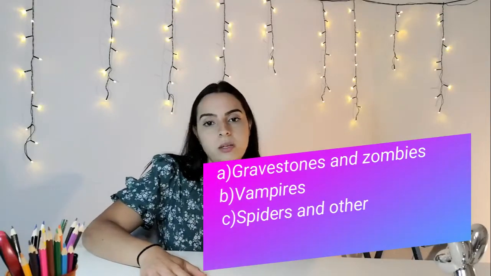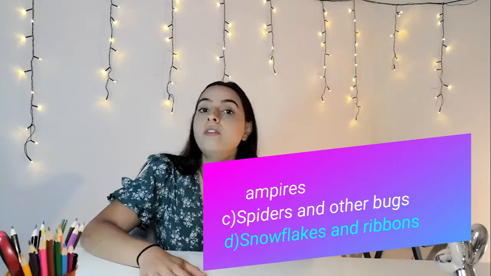What do you think is the correct answer? And the correct answer is option D, snowflakes and ribbons, because they are asking for an exception, so you don't need to mark the ones that are in the text. What you need to mark are the things that are not in the text.